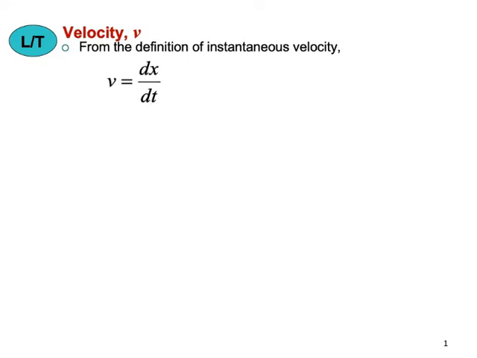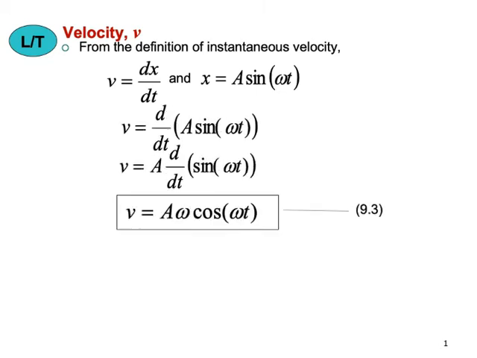Velocity in simple harmonic motion. From the definition of instantaneous velocity, v equals to dx over dt, and x equals to A sine omega t. Then we differentiate x. Finally, we get equation for velocity is v equals to A omega cos omega t.